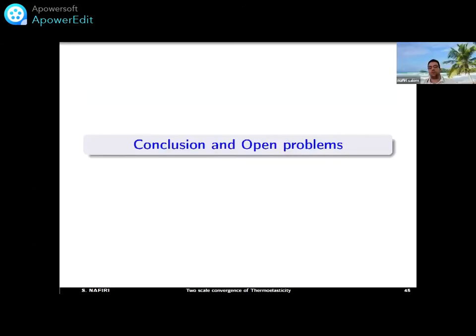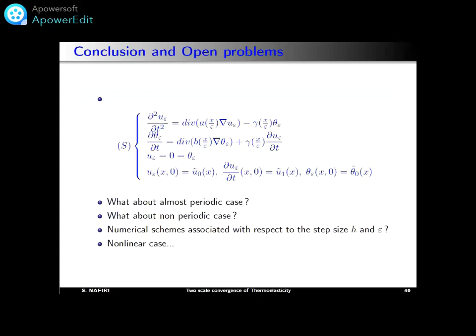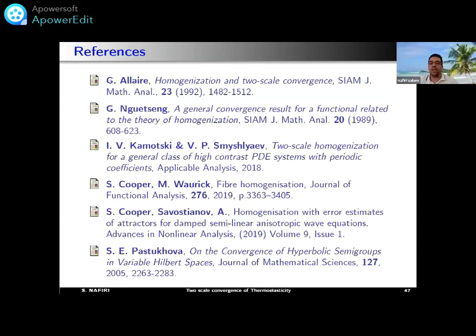What about considering schemes for such coupled problems and showing uniform estimates with respect to h and epsilon? And what about considering the nonlinear case and looking for any attractors that will appear in our study? Here are the references that we considered throughout this project.